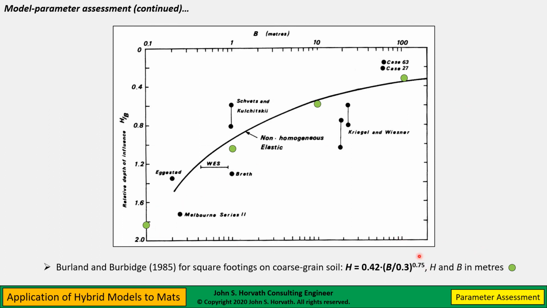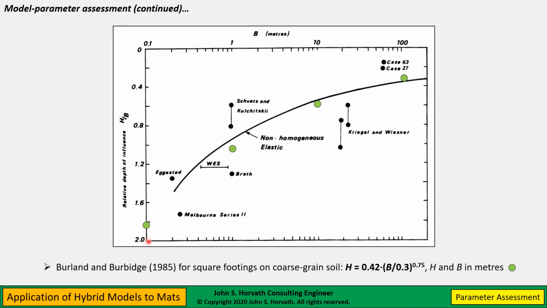And they also came up with an empirical equation that approximates these results, and I've just calculated values of this empirical equation for multiples of 10. And notice this is a log scale up here. This is an arithmetic scale. And this is sensitive to units. This is only for meters. So again, this would be about 3 feet, 30 feet, 300 feet in imperial units.